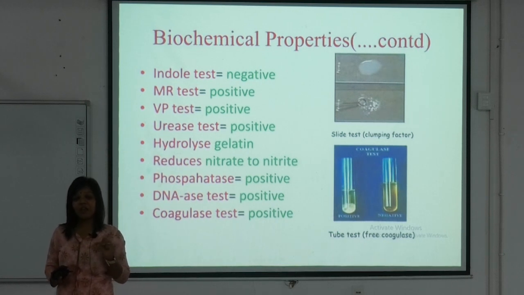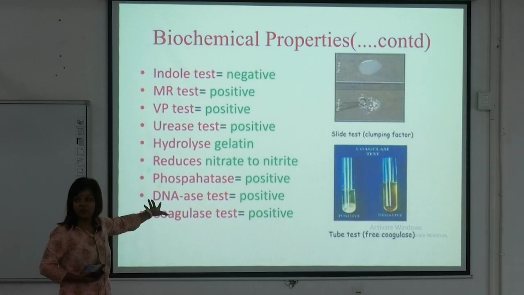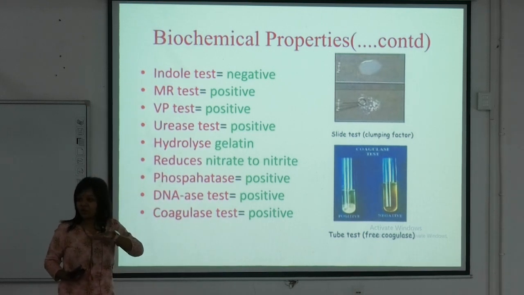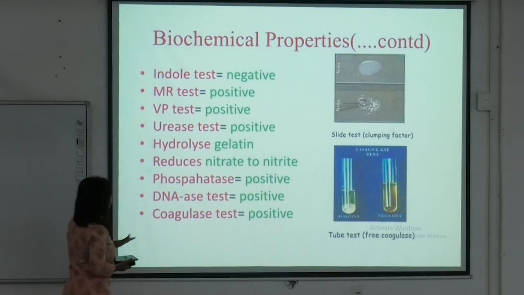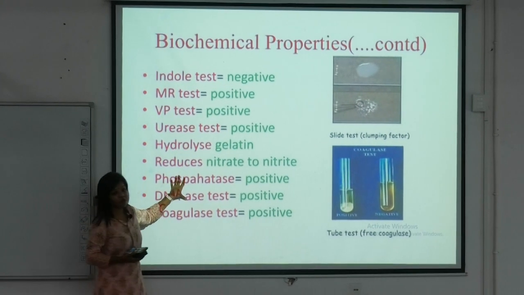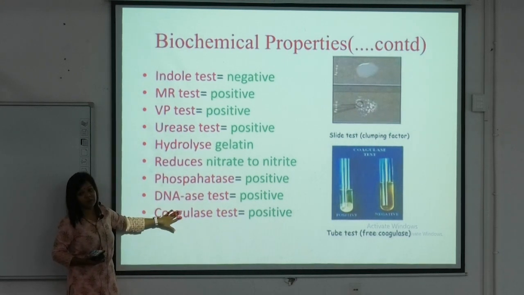Because it has a very low threshold for high temperature. It gets easily liquefied. So this gelatin can be hydrolyzed, means it becomes watery, by Staphylococcus. And another thing you have to remember: phosphatase, DNase and coagulase-positive.